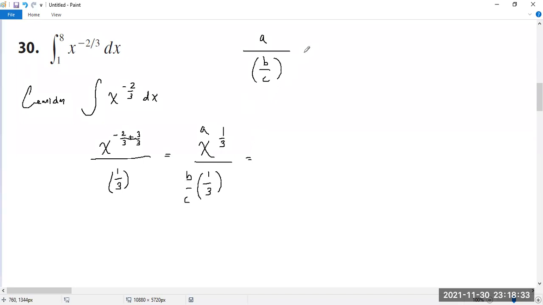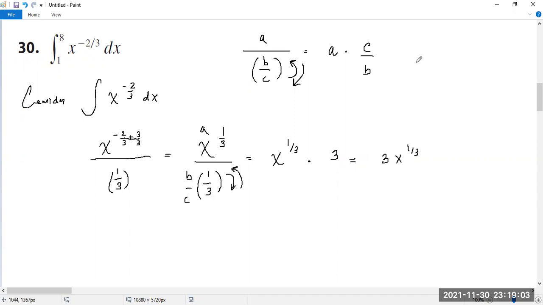Essentially what we do to get ourselves out of this situation is we take a and multiply a by the reverse of this, so c over b instead of b over c. The same idea is here, where we have x to the 1/3, just as we had that a there. And then we multiply our x to the 1/3, as we multiplied our a, by the reciprocal of whatever's going on in the bottom. So we'll multiply this by 3/1, which is just 3. So we come out the other end with 3x to the 1/3.